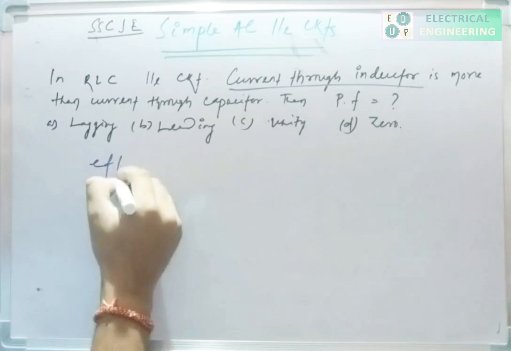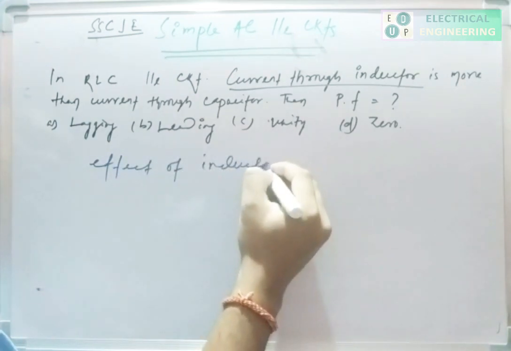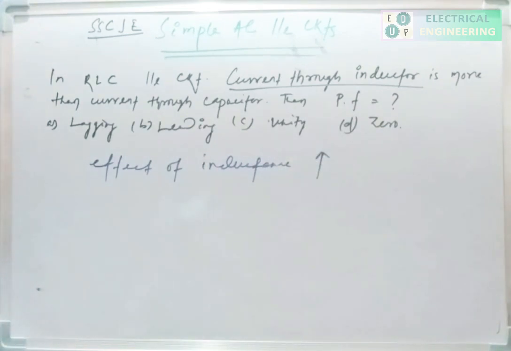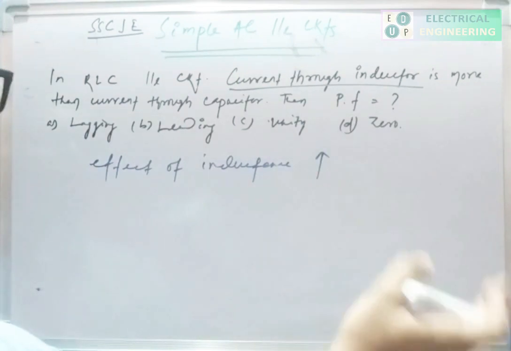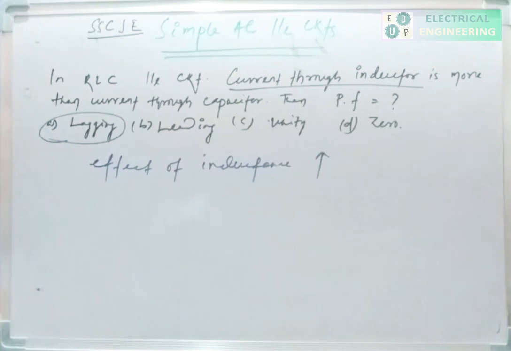If inductance is more, then it is an inductive circuit, more inductive, less capacitive. So the current will be lagging. In a pure inductor, current lags voltage by 90 degree.